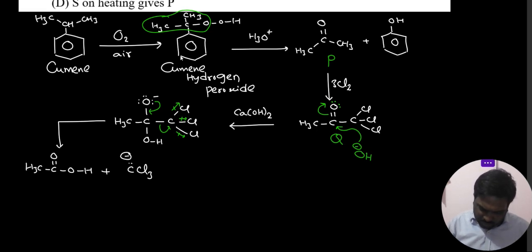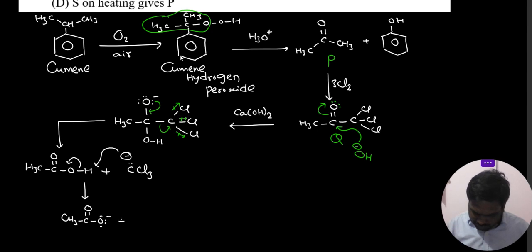Understood? Now this acetic acid can provide H+ easily. That H+ is abstracted by CCl3 minus. Then CH3COO minus plus chloroform is formed. Understood? Chloroform. Clear everyone?